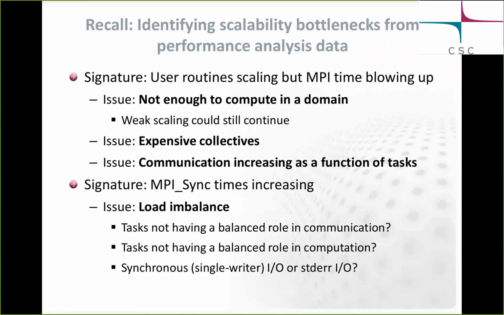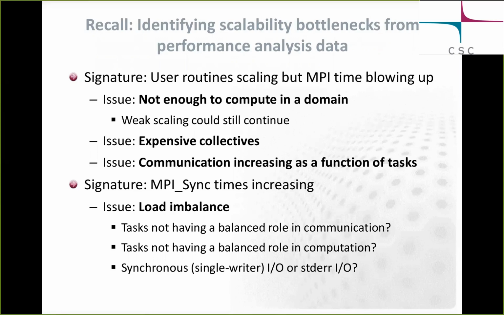A typical special case of this is that you hit expensive collectives like MPI all-to-all or MPI all-reduce and so on. That's something we're going to look at later in this webinar, and how to use some minor tricks to improve on this.